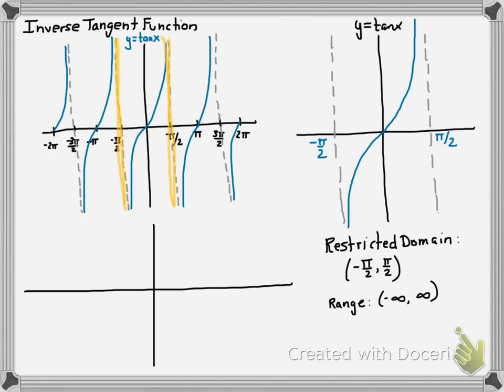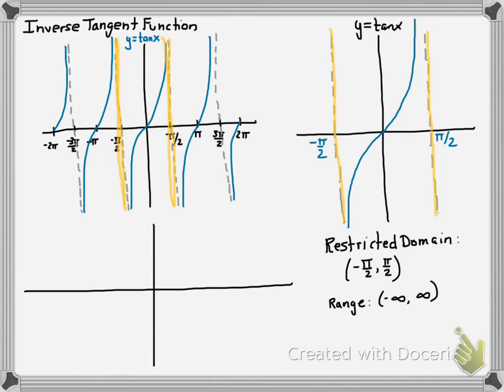Okay, so now we want to imagine what this graph is going to look like when we reflect across the diagonal line y equals x. Now, some things that I'm going to notice right away are that if I have a vertical asymptote and I reflect that vertical asymptote across the diagonal line y equals x, that vertical line is going to become a horizontal line.